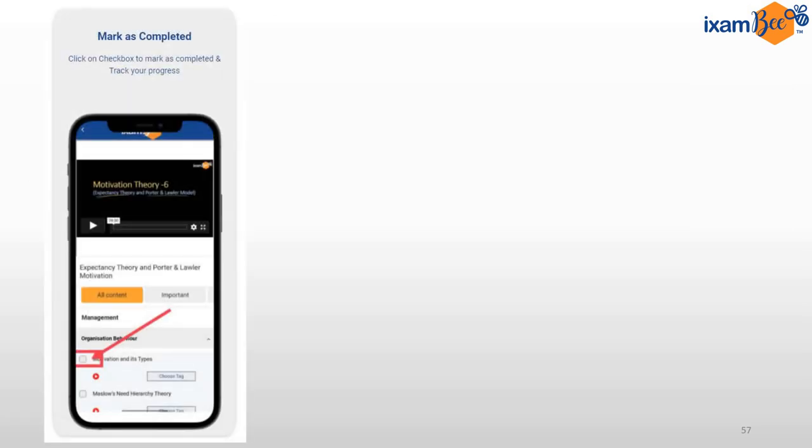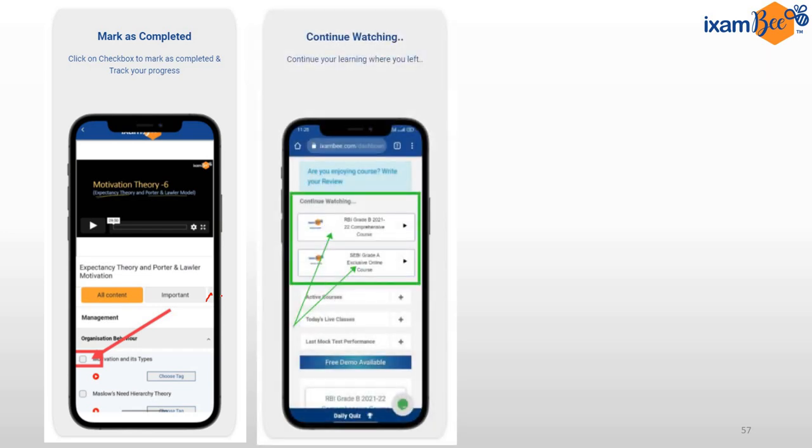And if you are studying using the ixamBee content, utilize this technology. जो सेक्शन आपने कंप्लीट कर लिया है, you can mark it important, whatever way. तो उसमें क्या है, आप दोबारा रिवाइज करने के लिए आपको easy होगा. You can track your progress, how much you have completed. When you log in again after a gap, we take you to the place where you were studying.